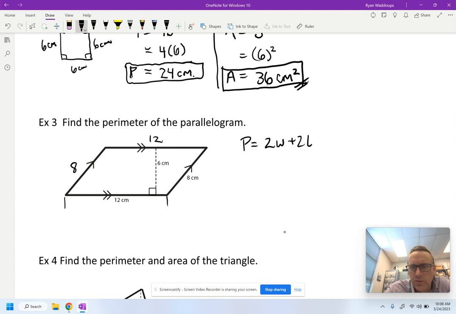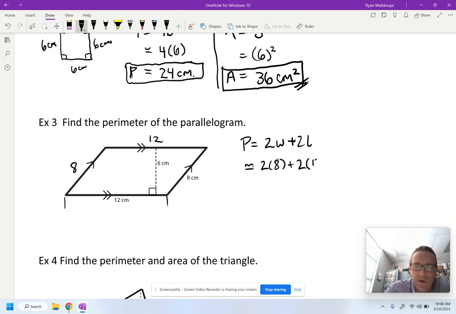It doesn't matter because you're just adding them. And so 2 times the width here is 2 times 8 plus 2 times the length, which would be 12. 2 times 8 is 16, plus 2 times 12 is 24. And then when I add those together, I get 40.